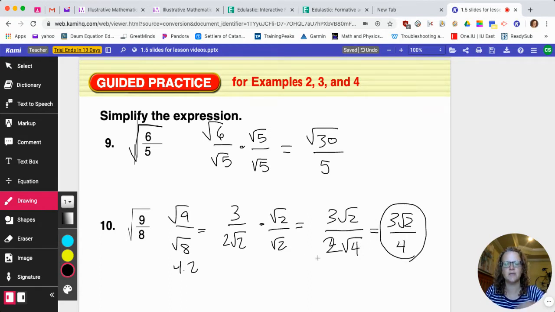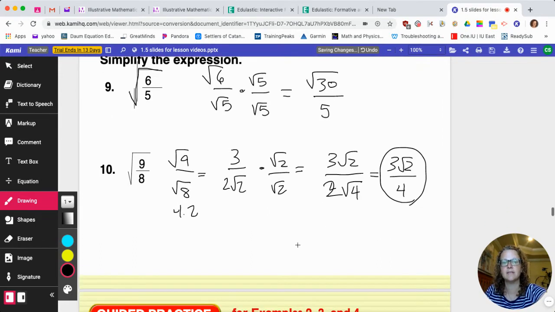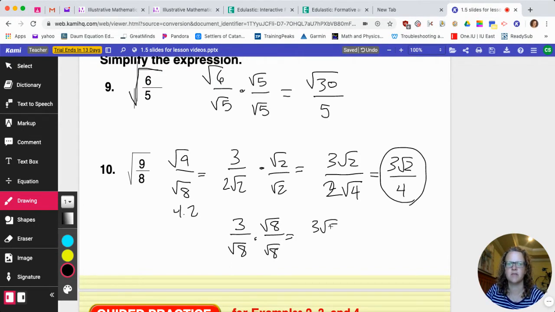Now what would happen if we had multiplied it by root 8? Let's try. So let's redo it. It means I have 3 over root 8 multiplied by root 8 over root 8. That gives me 3 root 8 over just plain old 8. I can actually simplify that numerator. 2 root 2.